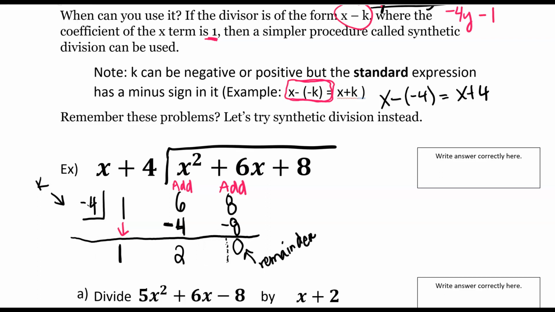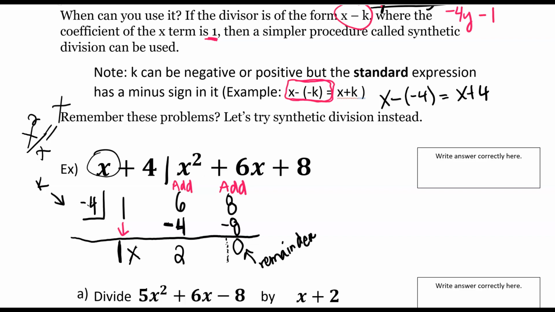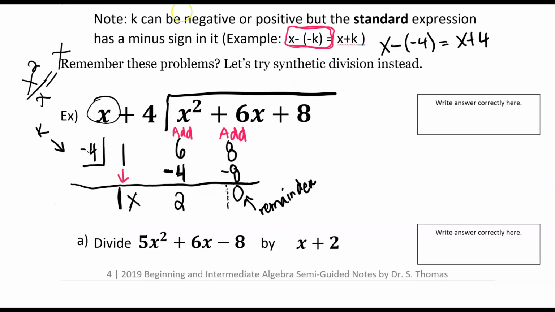Now, our dividend, notice our polynomial was x squared, and we're dividing that x squared by x, right? So if we're dividing that by x, our first variable should be x, and this number is the coefficient of it, all right? So your answer will always be one degree less than 2.